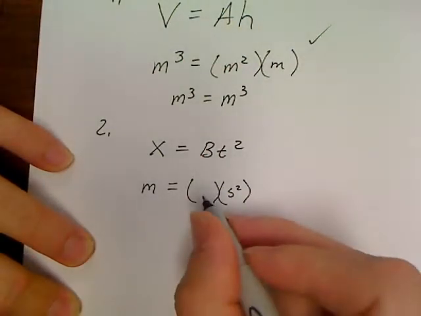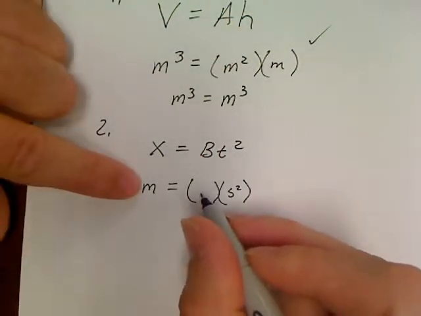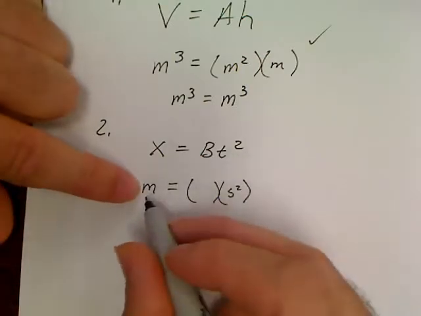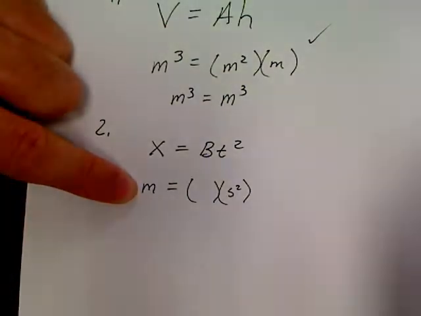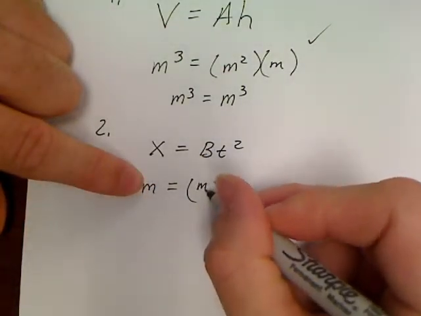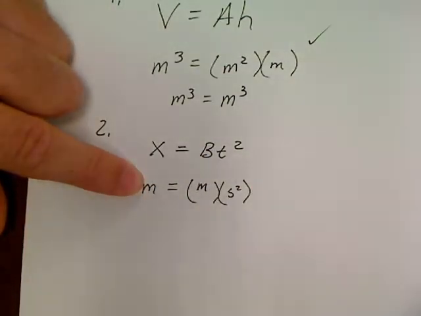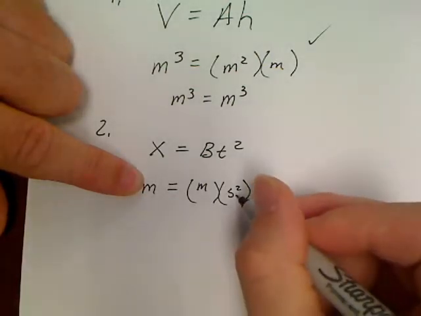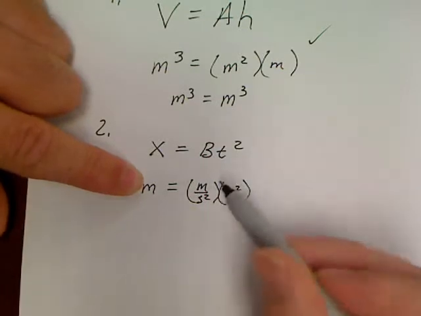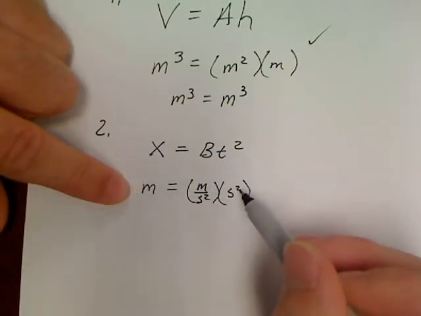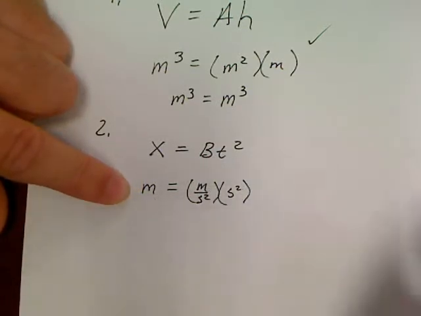So what unit could b be that would make it cancel out to just a meter? Well, I need a meter and I need the second squared to cancel. The only way to make second squared cancel would be to have a second squared on bottom. If I had second squared on bottom, that would make that cancel and you'd have m and m.